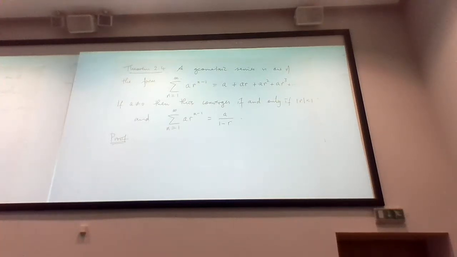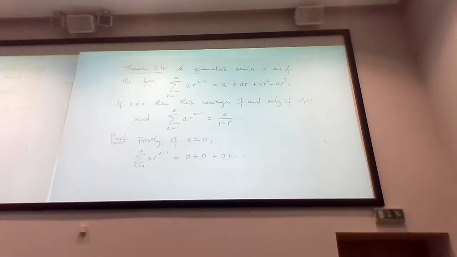So we can do this. First of all, we'll deal with the trivial case of what happens if a is 0. Well, if a is 0, it's really not a proper geometric series, but technically it still is. Then the sum of ar to the n minus 1 from n goes 1 to infinity, well, if every term has this factor of 0, it means your infinite series is just 0 plus 0 plus 0 plus 0 plus 0 plus 0.